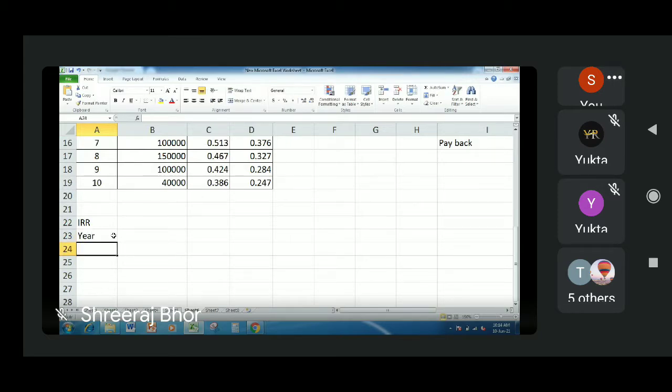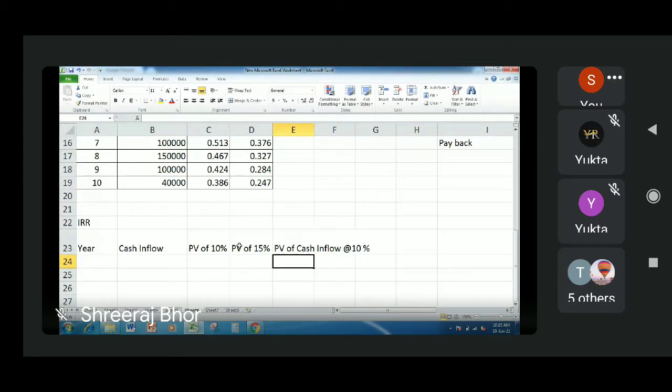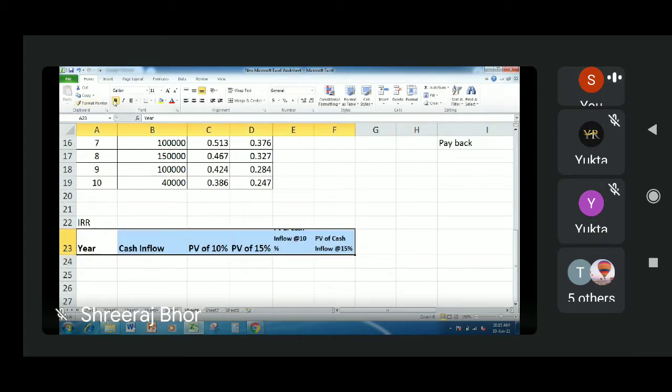So the first column is year, second column is cash inflow, next is present value of 10%, next is present value of 15%, next is PV of cash inflow at 10%, and next is PV of cash inflow at 15%. So these are our columns.